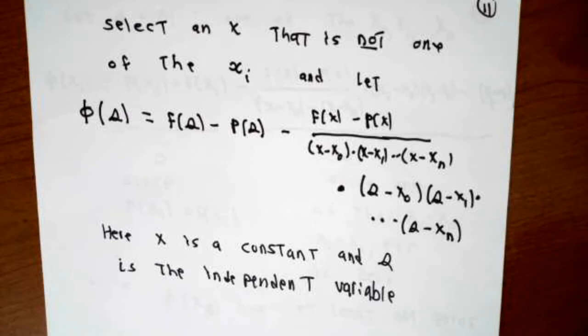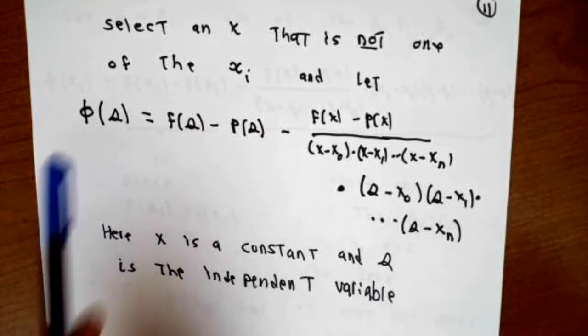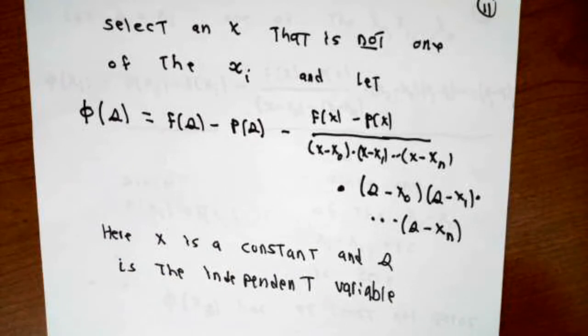We're going to cook up an auxiliary function, which I'll call phi. X at the moment is not the variable. X is some number that I've selected, and I want to look at the difference between f of x and p of x for that particular x value. So in most of what follows, x is going to be regarded as a constant.